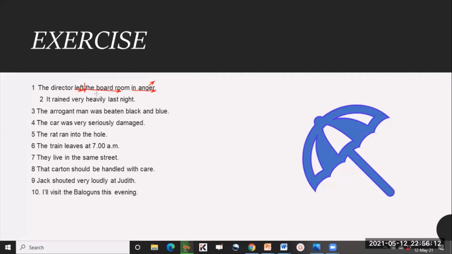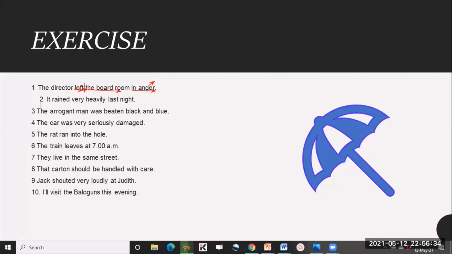It tells us the manner in which the director left. So first, the adverbial, the prepositional phrase here is in anger. What is its use here? What is its function? It is used as a modifier. It modifies the verb left.